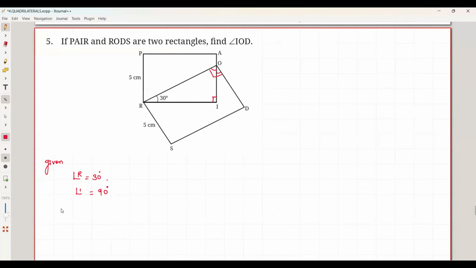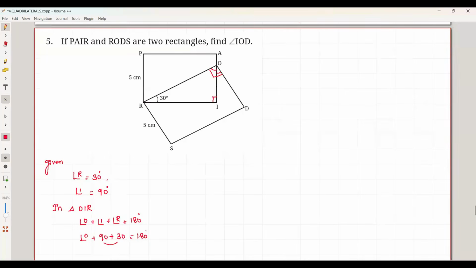Okay, so I'm going to use a triangle. In triangle OIR, angle O plus angle I plus angle R, the sum of the three angles is equal to 180 degrees. Angle O I have to find out, plus angle I is given as 90 degrees, plus angle R is given as 30 degrees, is equal to 180 degrees.